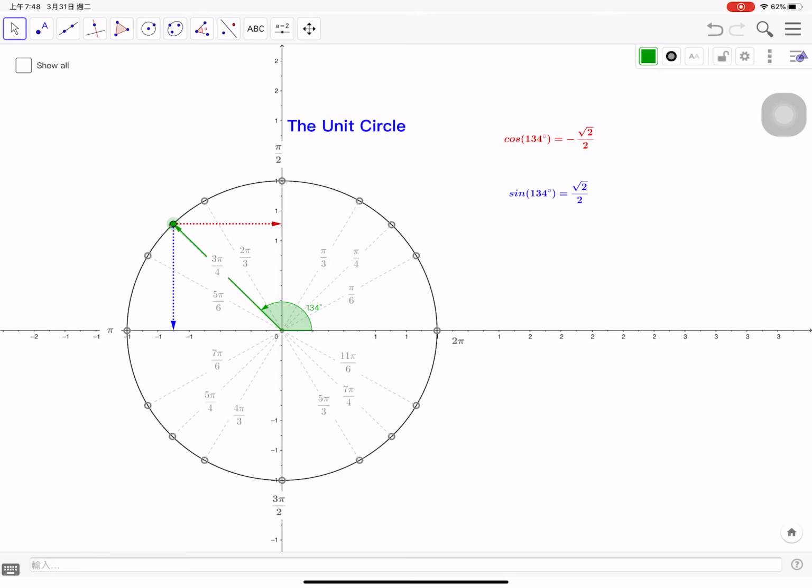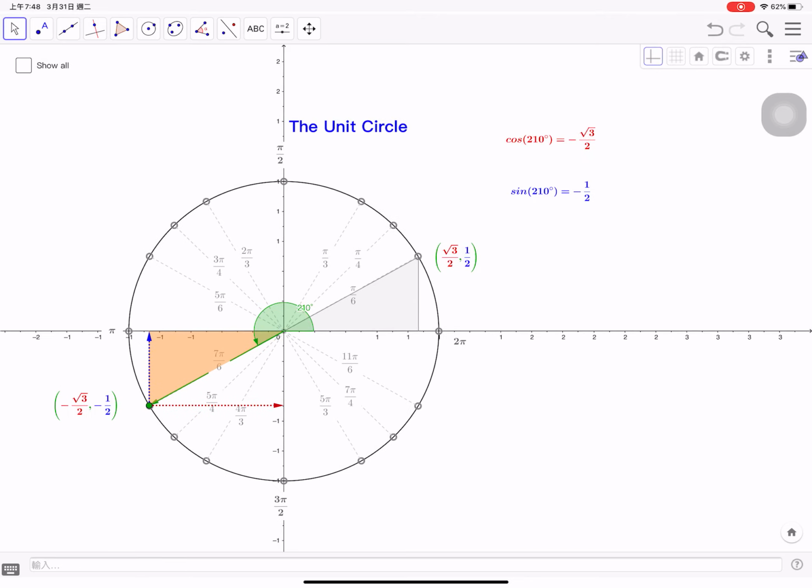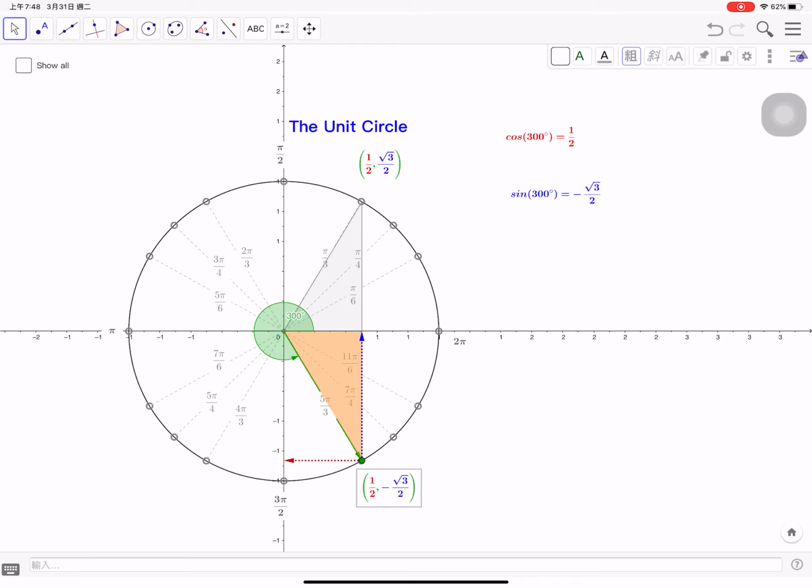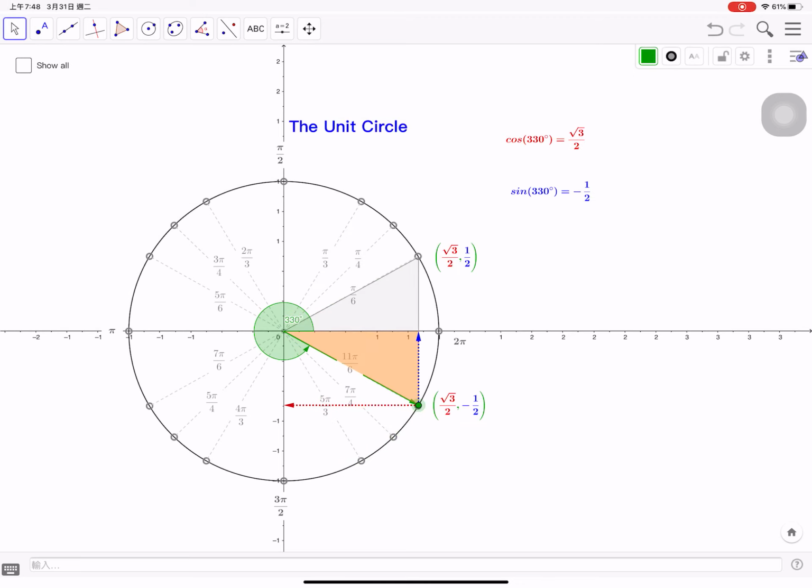You see, the sine function keeps on being positive. However, when it goes to the third quadrant, cosine and sine are both negative. And when it goes to the fourth quadrant, cosine becomes positive because the x coordinate is positive.